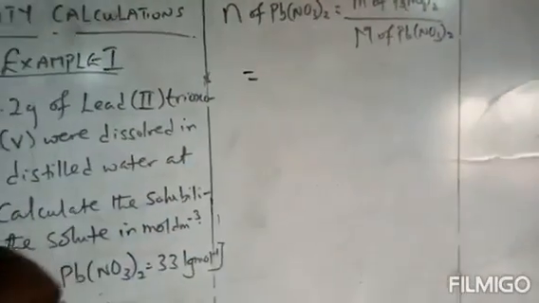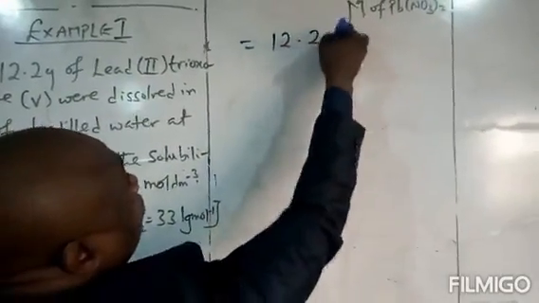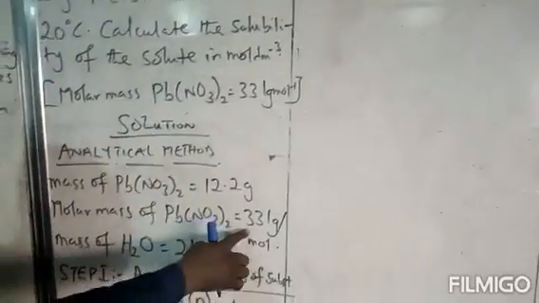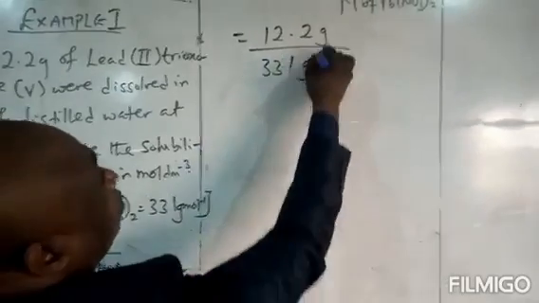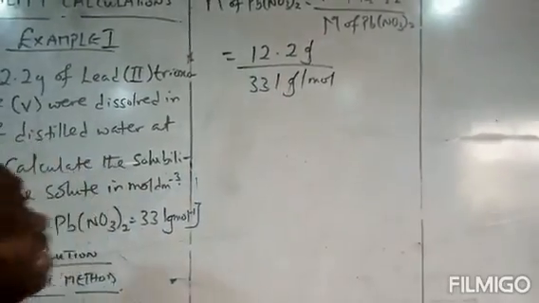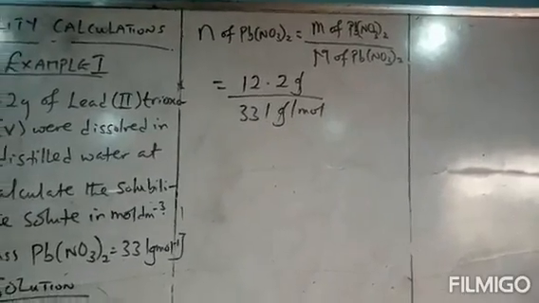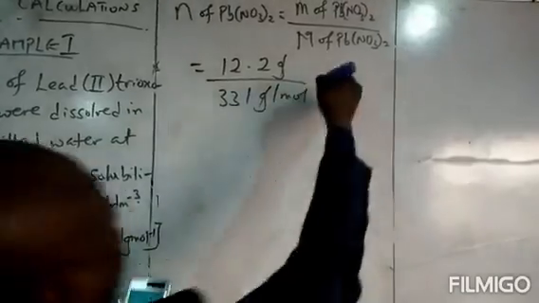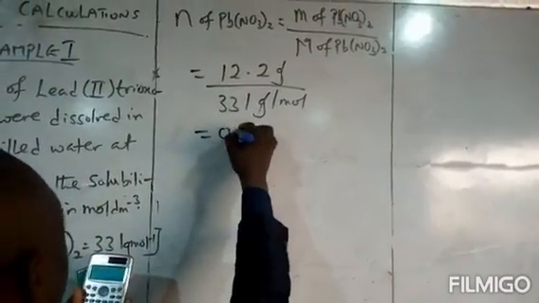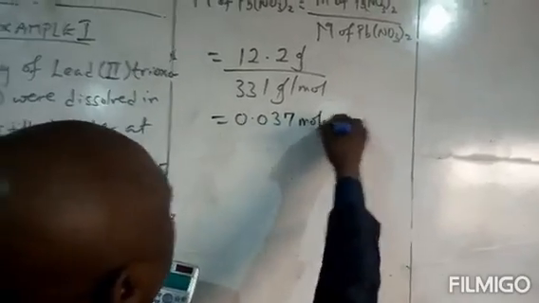What we do next is add our values. The mass of Pb(NO3)2 is 12.2 grams and the molar mass is 331 grams per mole. Of course, grams and grams cancel out. If you use your calculator, we have approximately 0.037 moles of that.